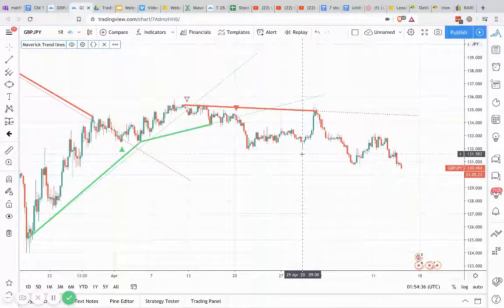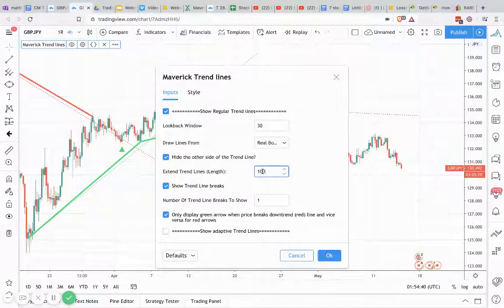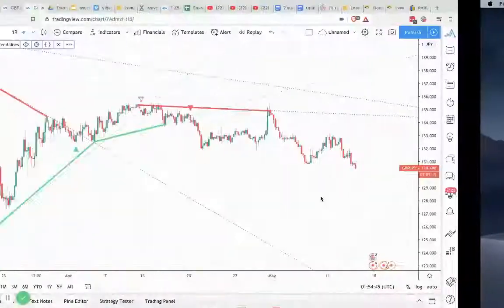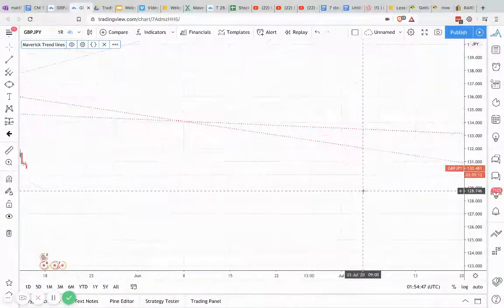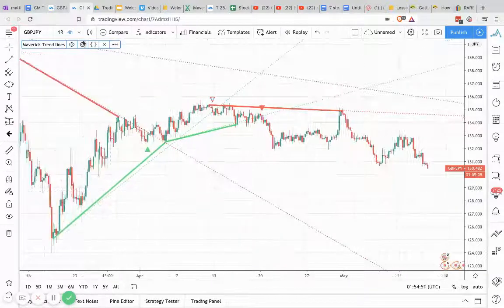But you guys play around with it, see what fits your boat. You can also extend it forever, so you can put 100 here, and then it'll just keep showing as far as the chart can go. Not sure that that's necessary, but just FYI.